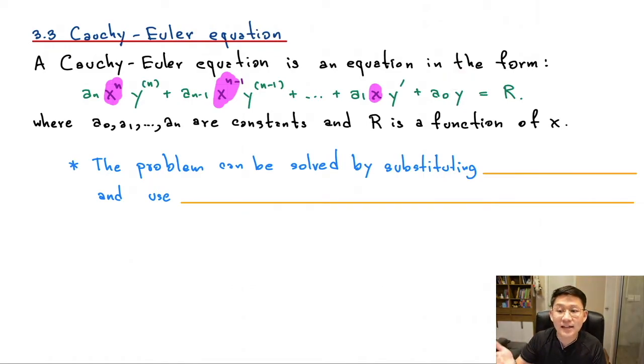So: a_n x^n y^(n) plus a_(n-1) x^(n-1) y^(n-1), and so on, until a1 x y prime and a0 x to the 0 y, equals r, where the a's are constants, they are numbers, and r is a function of x.